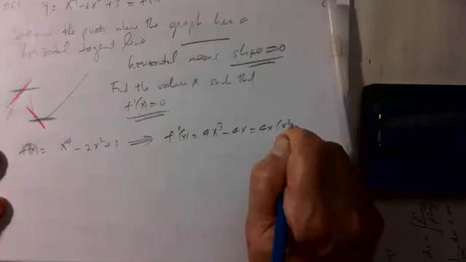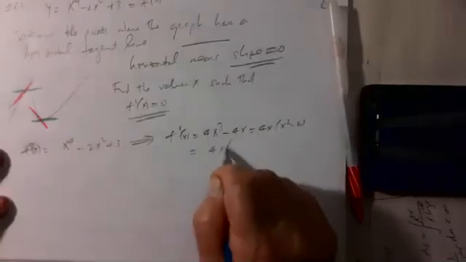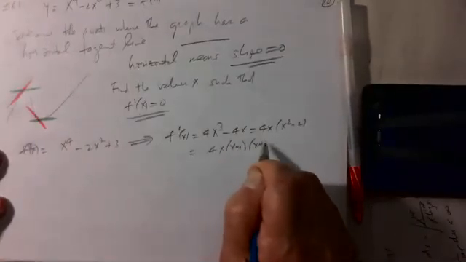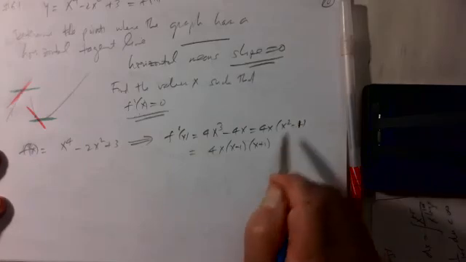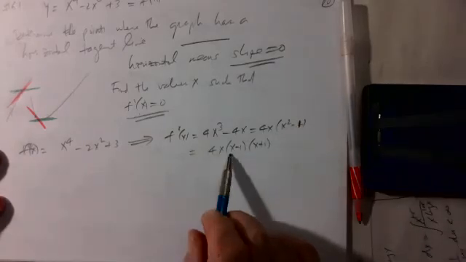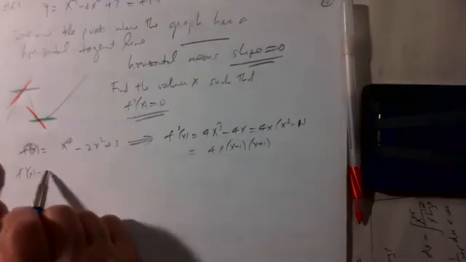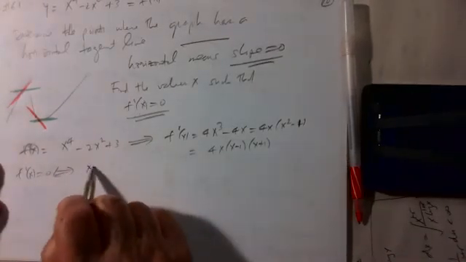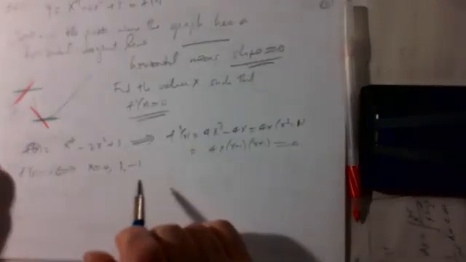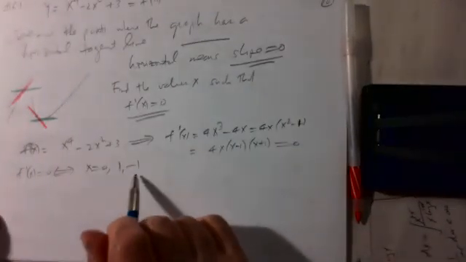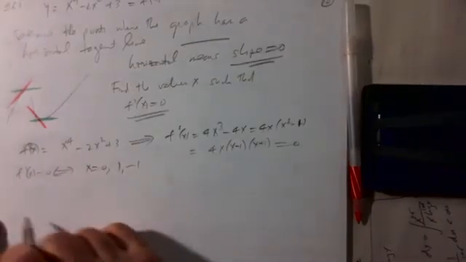I get 4x times x squared minus 1. And x squared minus 1 factors into x minus 1 times x plus 1. So f prime of x equals 0 precisely when x is equal to 0, 1, and minus 1. So there are 3 points where this function has a horizontal tangent.